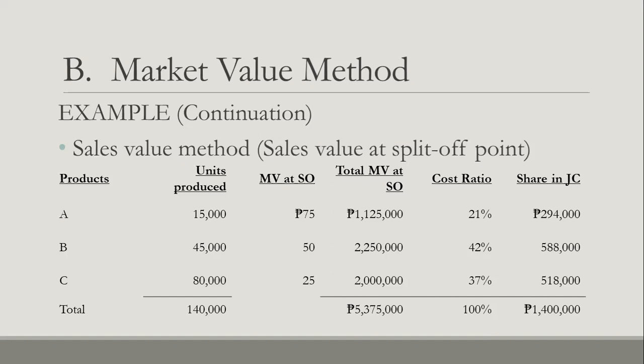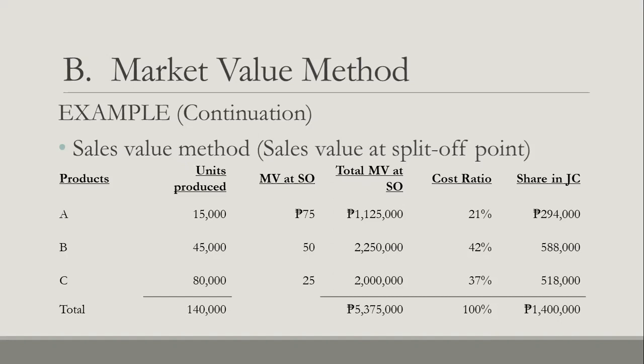And now that you know your cost ratio for each product, you now multiply this cost ratio with the total joint cost amount. So for product A, multiply 1.4 million by 21%, you would get 294,000 pesos. So your share in joint cost for product A would be 294,000 pesos.